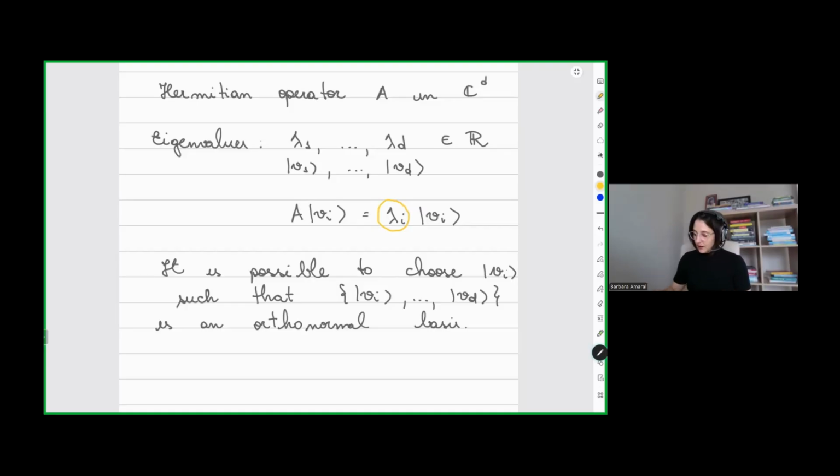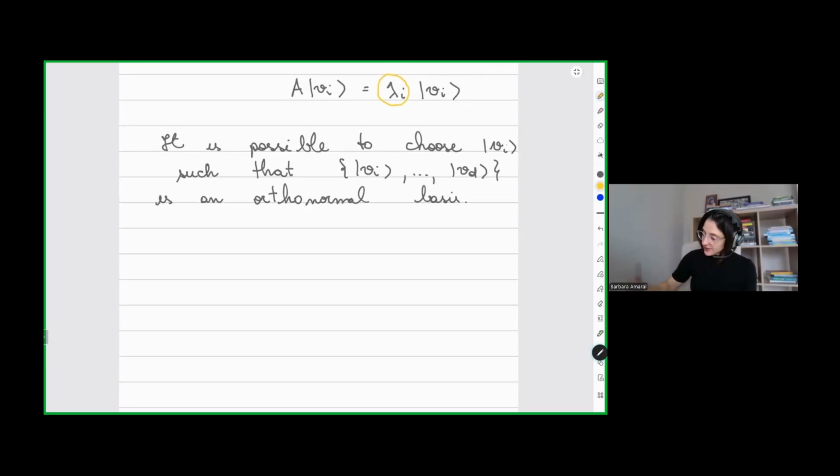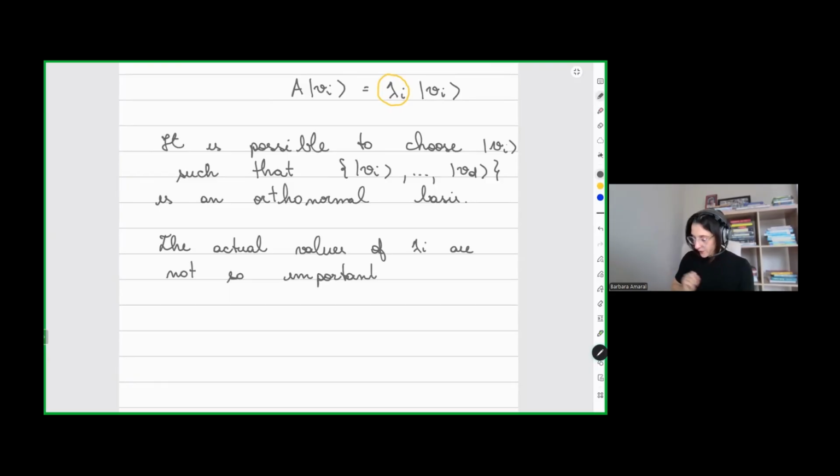Okay. So in many situations, for us, the actual values of lambda_i are not so important for now. Again, of course, if you go to the lab and you try to implement those things, it is really, really important.